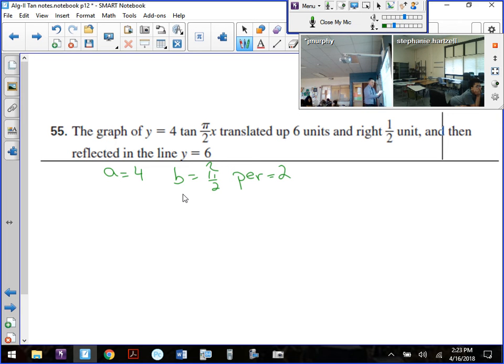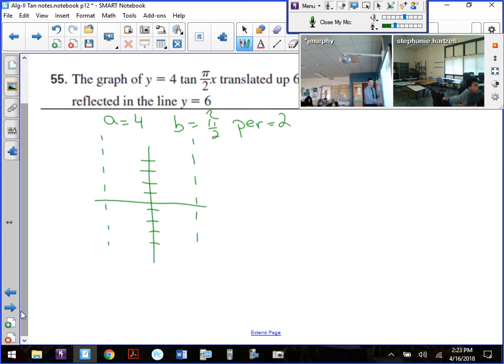Then I'll come to the translation here in a second, but a lot of times it's really quick to just kind of visualize what it looks like. You have an a value of 4, that means you've got those 2 points of inflection. If your period is 2, that means half of it is on one side of the 0, the other half is on the other. Well, what's half of 2? 1.